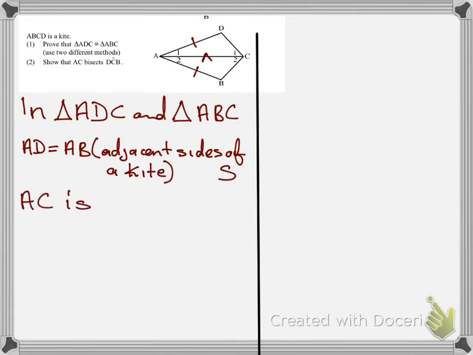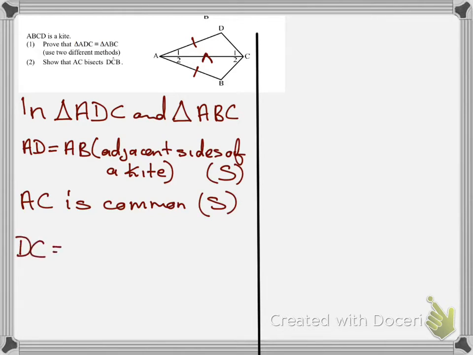And then we say AC is common, right? AC is common in the sense that you find the line AC being part of triangle ADC and being part of triangle ABC. So we say AC is common, so it's a common side, right?